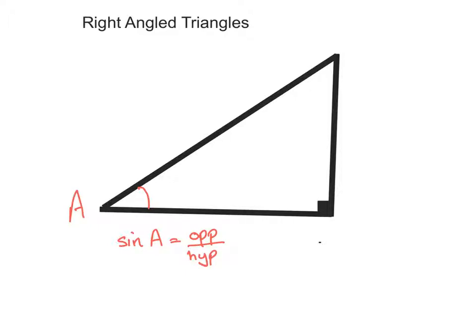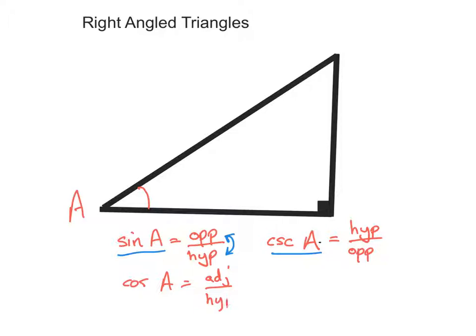Of course, because there's three sides, we've only got three ratios so far. So there's the other three ratios that are the reciprocals. So cosec A would be hypotenuse over the opposite. And these are all reciprocal functions now. So sine and cosecant are reciprocal functions, i.e. they are inverses of each other. So cos A equals adjacent divided by hypotenuse.